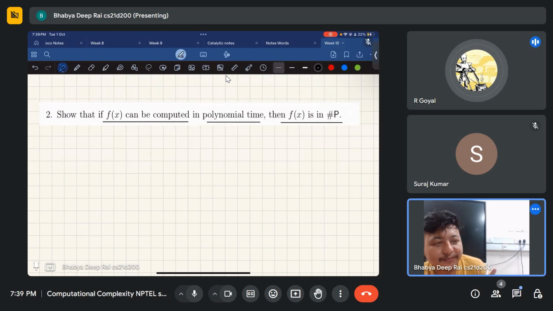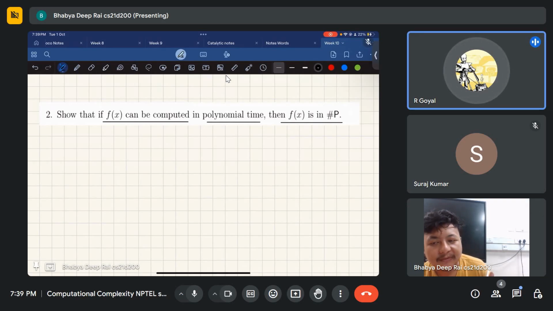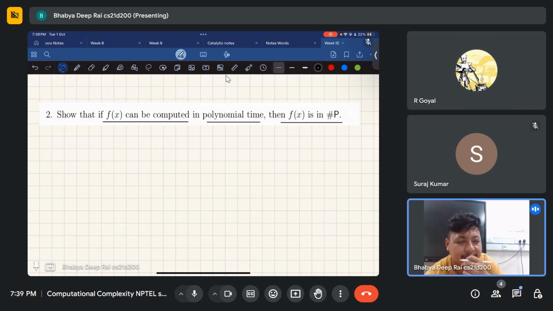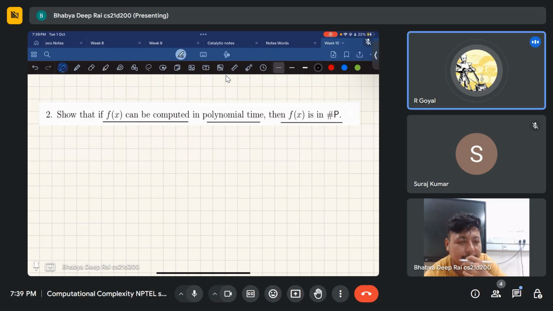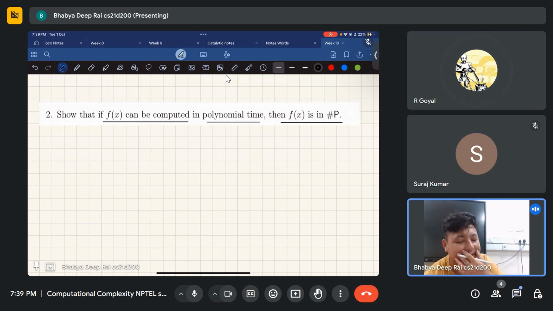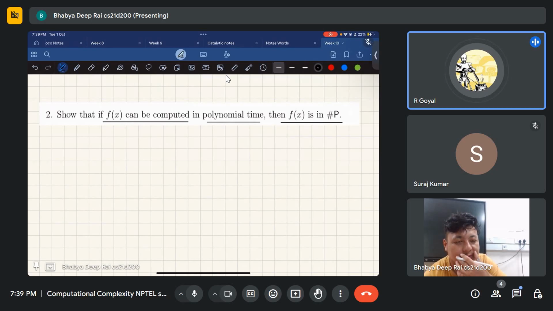What is FP? FP means that we can compute the function in polynomial time, not only search. Oh, I see. So any function which can be computed in polynomial time, what else do we require in sharp P?